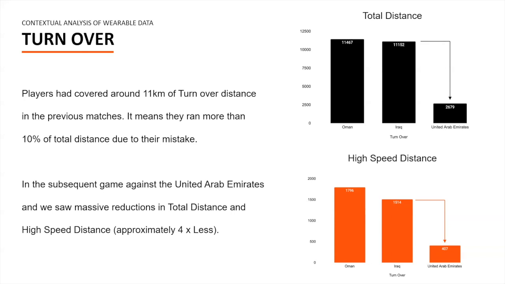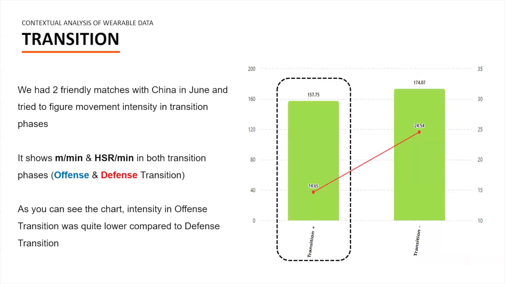And then in the subsequent game against the UAE, we saw a massive reduction in total distance and high-speed running distance. Of course, it wasn't the only reason they could reduce turnover distance in the final match, but it might have reminded them to be aware of their mistakes.